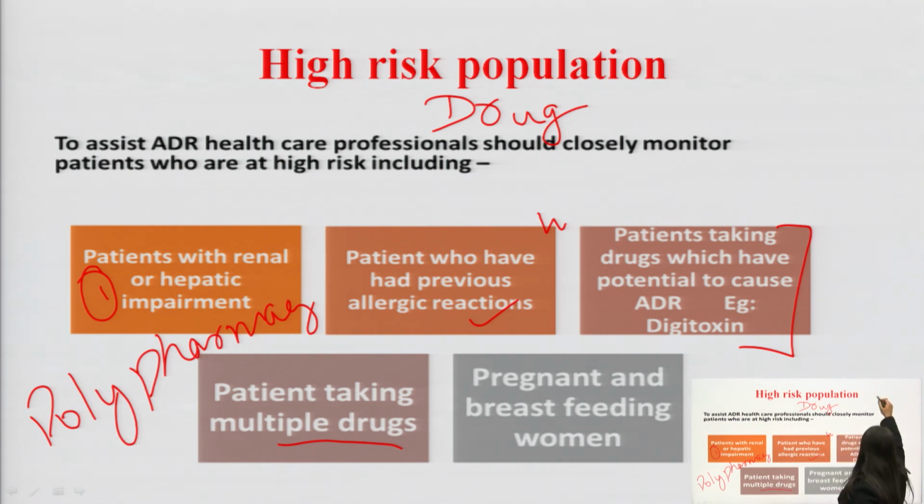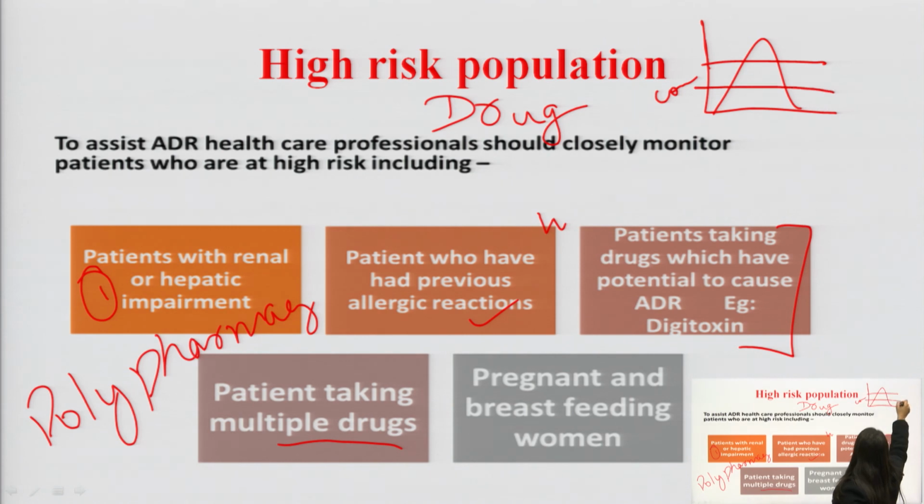Let us look at a graph. This is concentration, and this is time here. When I say narrow therapeutic index, what I mean is that this is the therapeutic index. When the drug is administered, the dose increases, and as time passes, the concentration in the blood also increases.